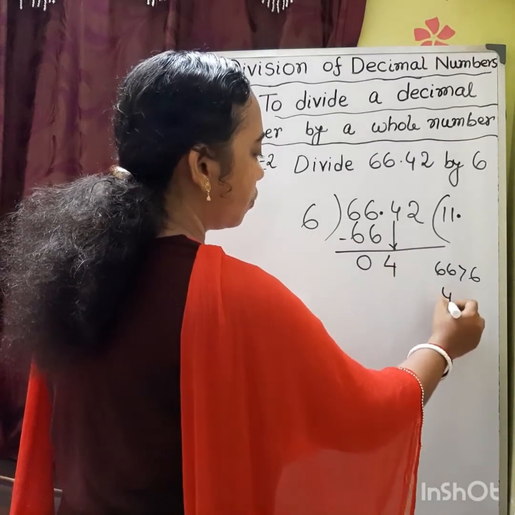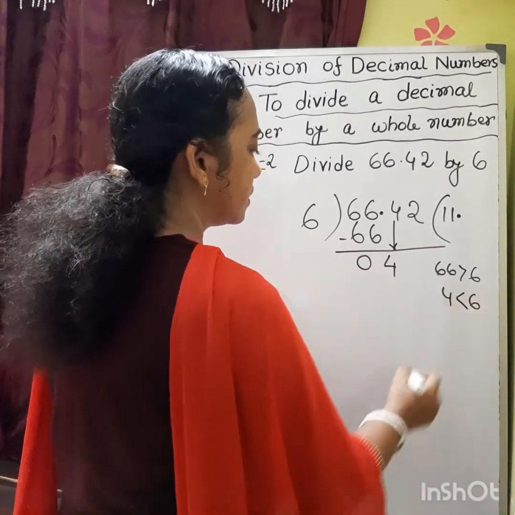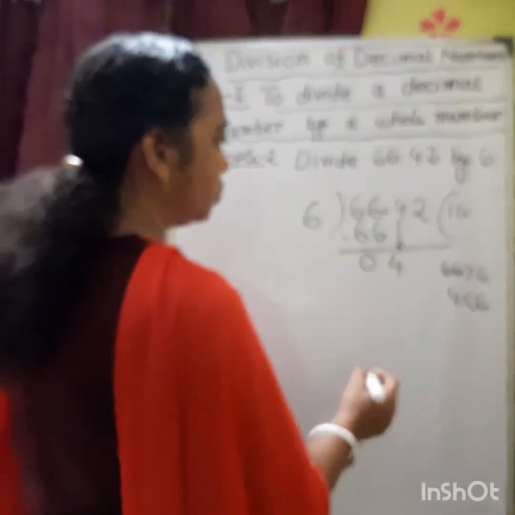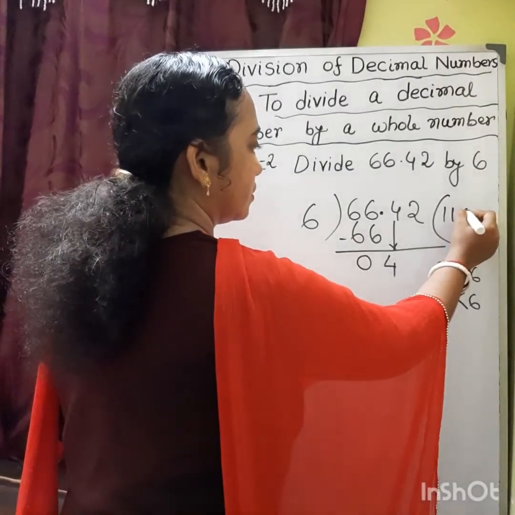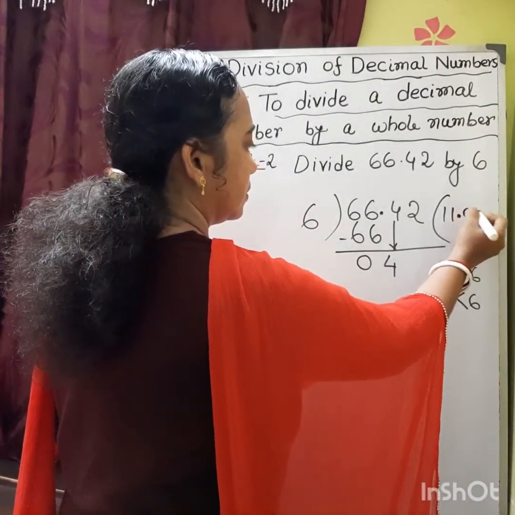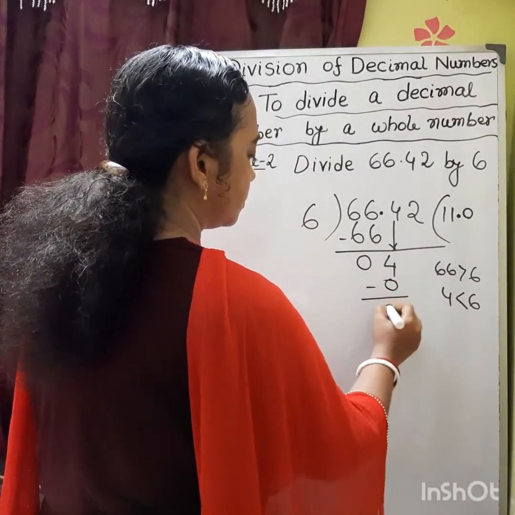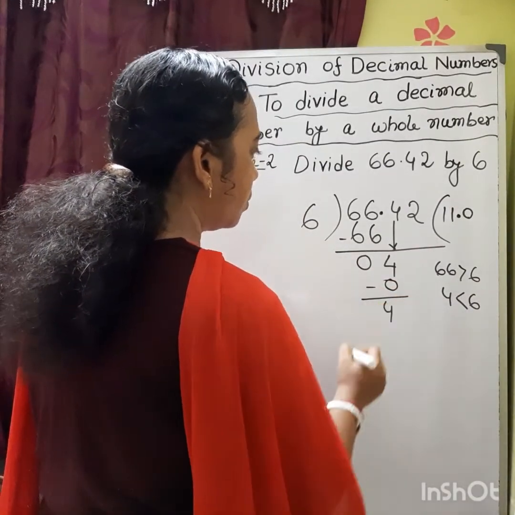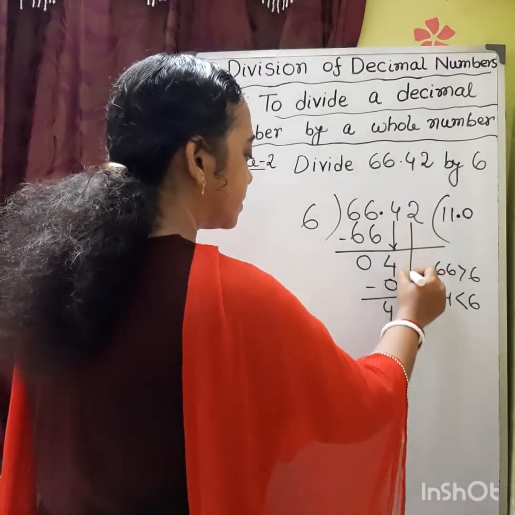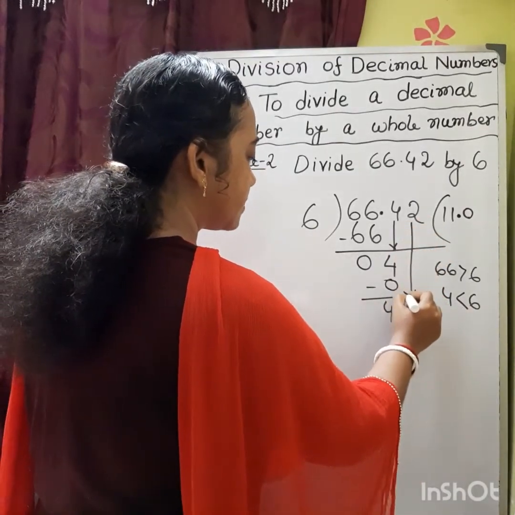But see, again 4 is less than 6. So we put a 0 in the quotient. So this becomes 0. We again get 4.